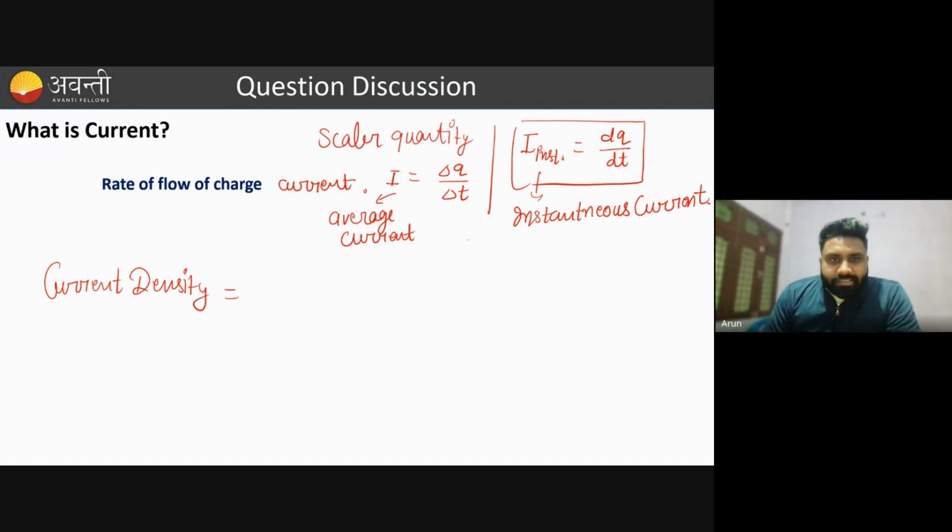Current density is defined as current per unit area. This area is an area vector, so the current density, written as J, will be a vector quantity.